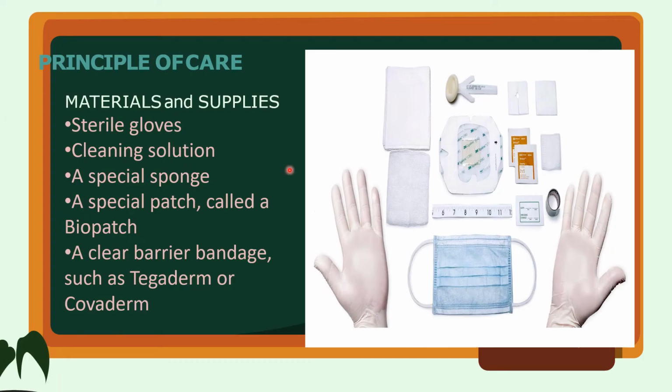So these are the materials and supplies that are necessary for central venous access device insertion. We need the following, such as sterile gloves, as you can see in the picture, cleaning solutions, a special sponge, a special patch called biopatch, a clear barrier bandage such as Tegaderm or Covaderm.